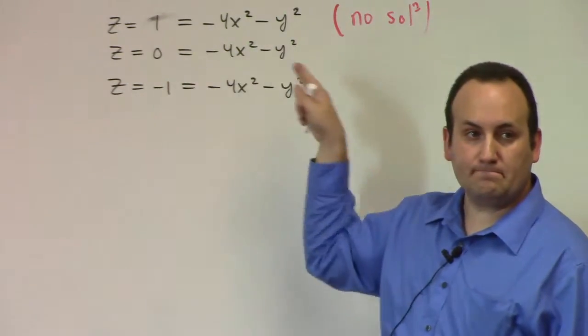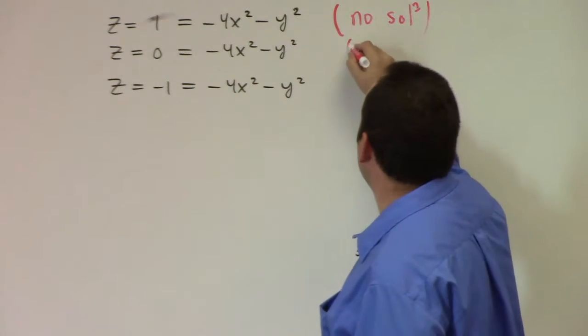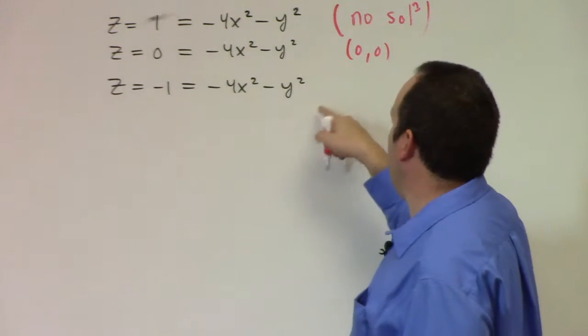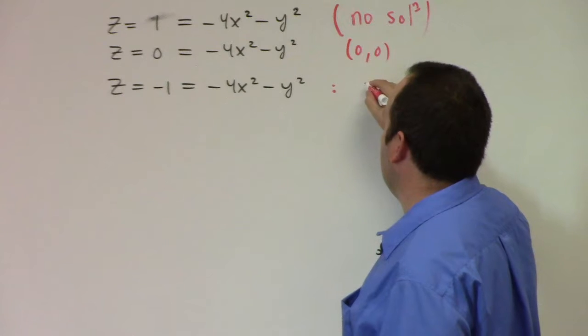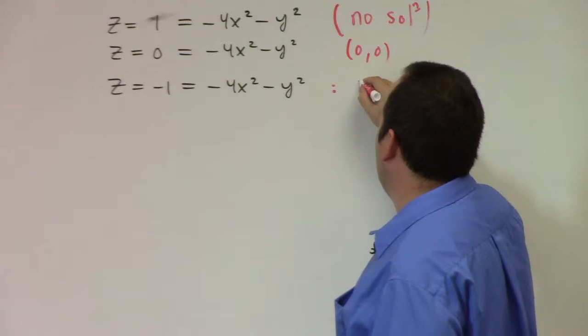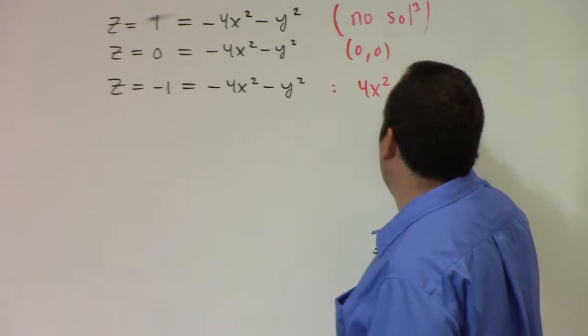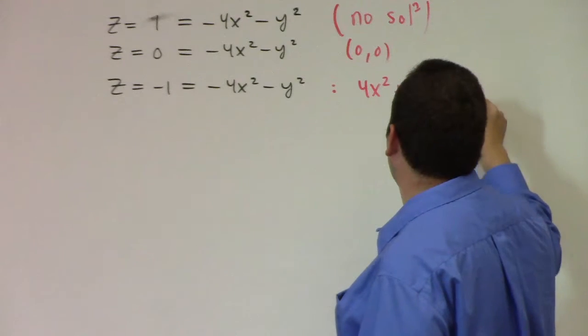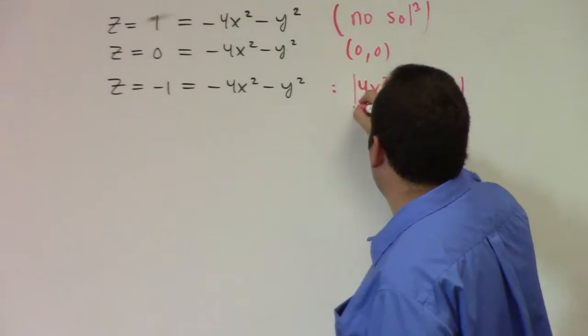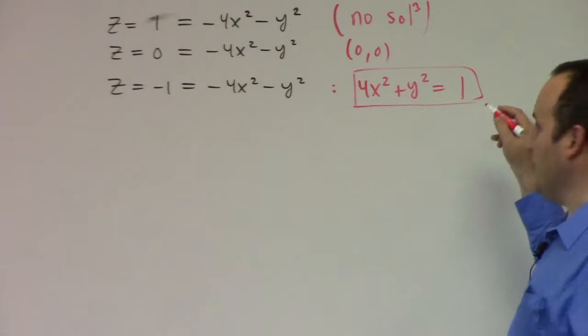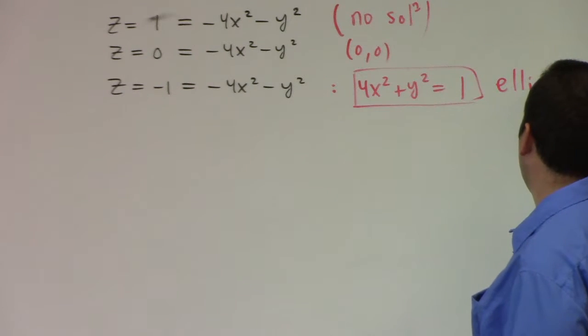What is it? Right. This one, you can reformulate as 4x squared plus y squared is equal to 1. And that is what you were pointing out. This is an ellipse.